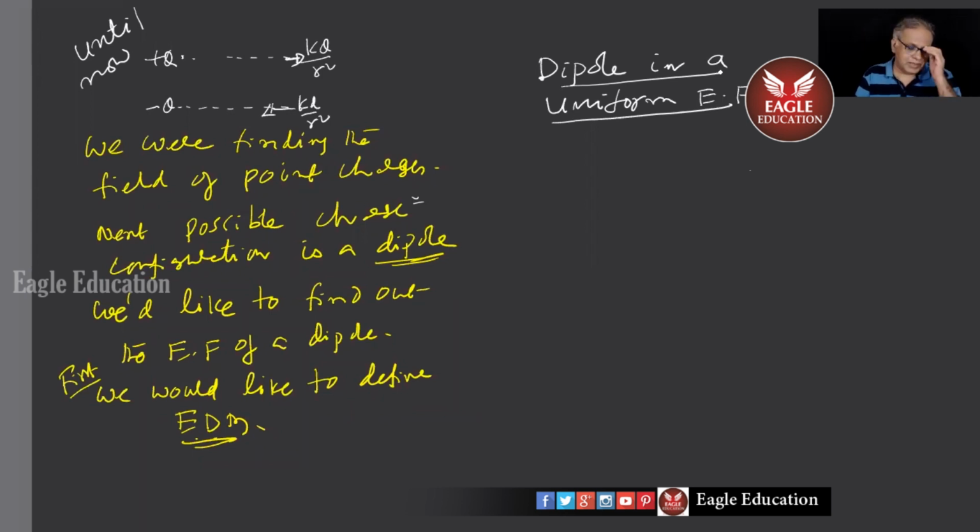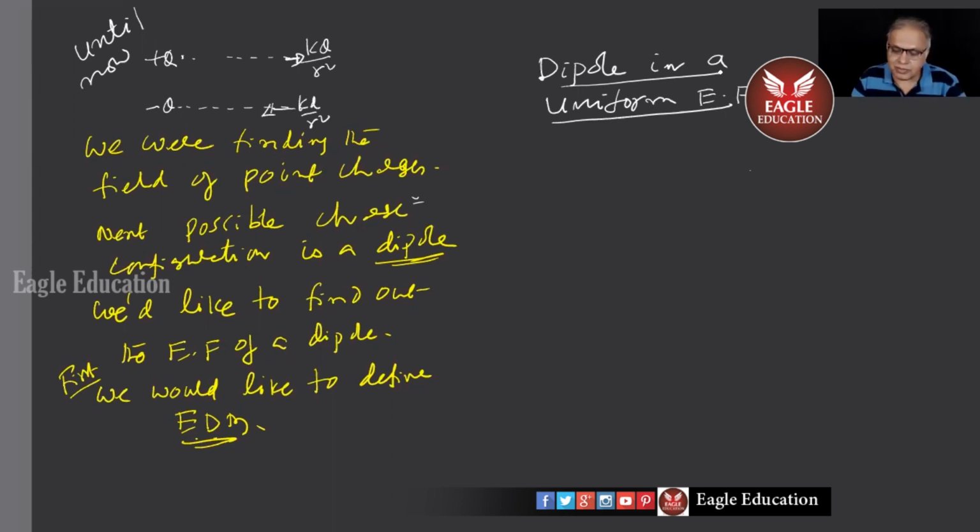But right now, when I say uniform electric field, think of uniform velocity or uniform acceleration, which you already know. Something is constant. Uniform velocity means velocity is constant. Uniform acceleration means acceleration is constant. In a similar way, uniform electric field means the electric field is constant everywhere in that region of space where you are considering it.